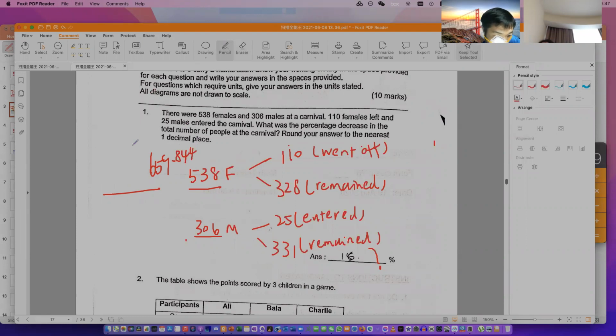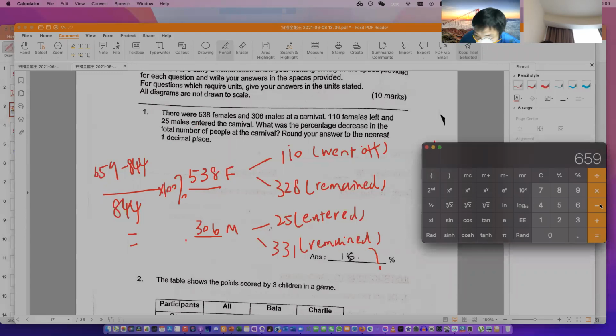Let me just tidy up a bit. 659 minus 844, divided by 844. Final minus initial divided by initial, and times 100%. Let me use my calculator and see what I get.